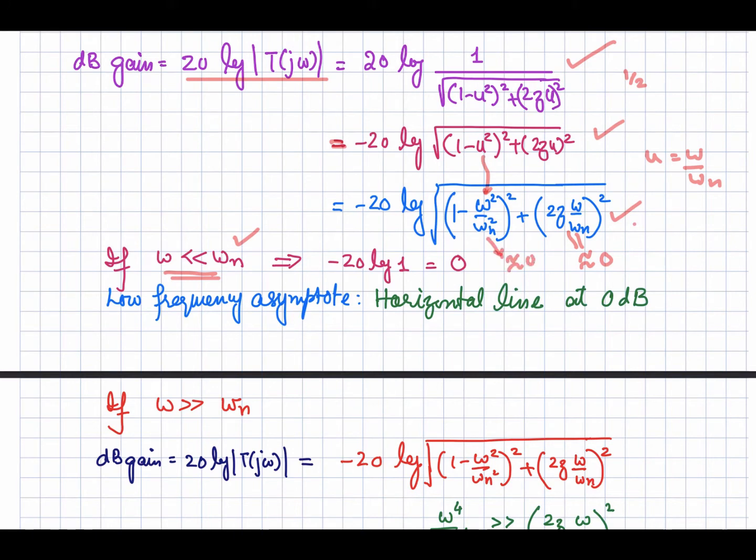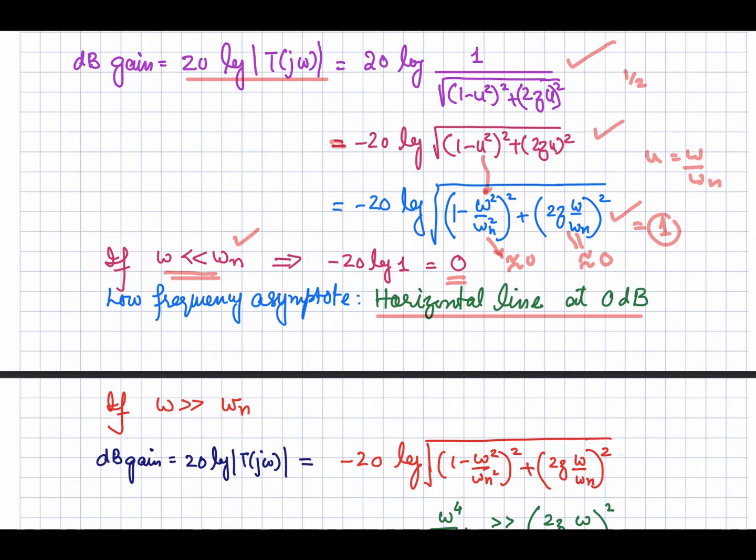So this term will be equal to 1 and log of 1 will be equal to 0. So for very low frequencies as compared to the natural frequency, the dB gain will be equal to 0. So the low frequency asymptote will be a horizontal line at 0 dB for the second order system with complex conjugate poles.